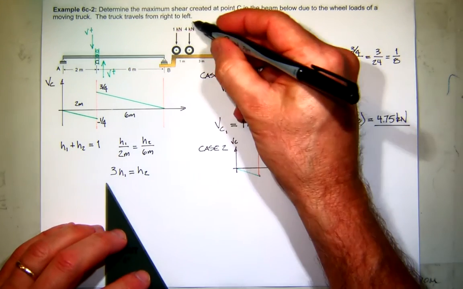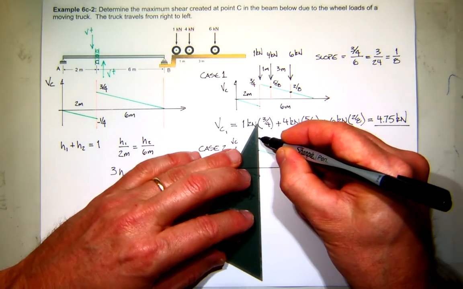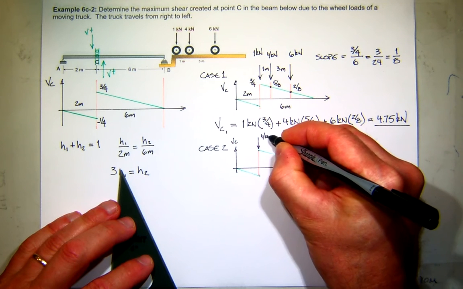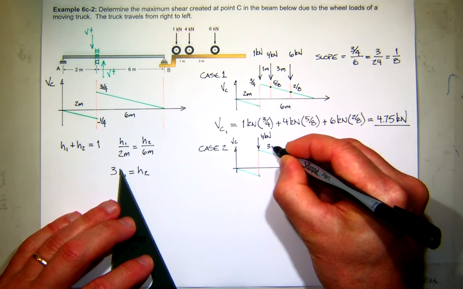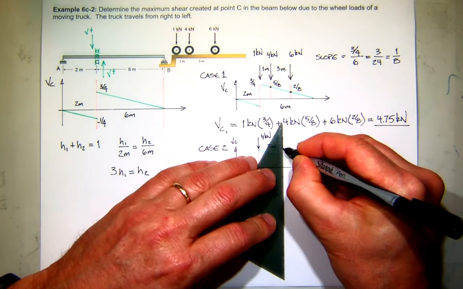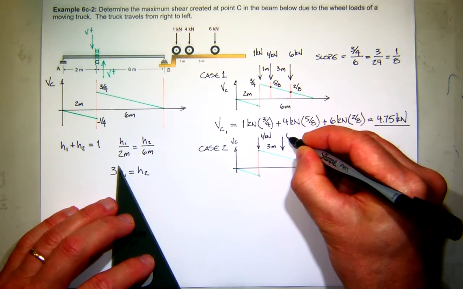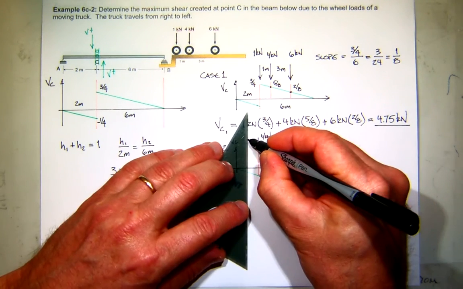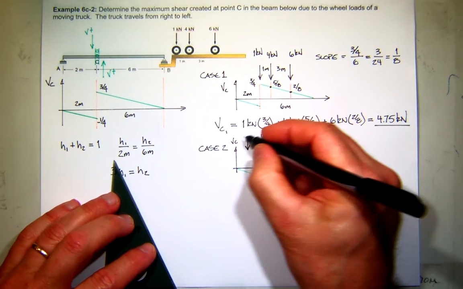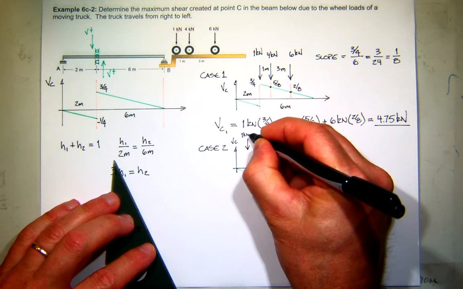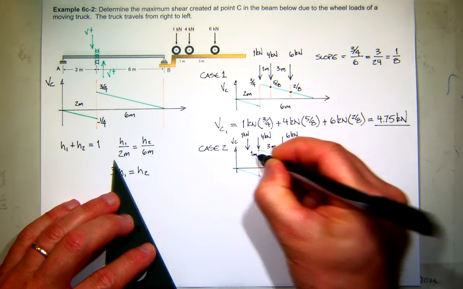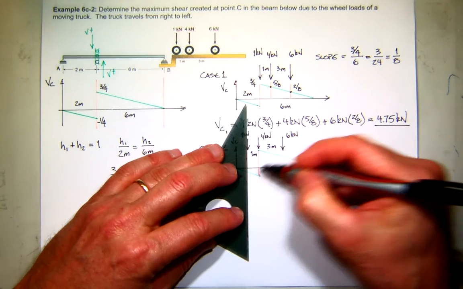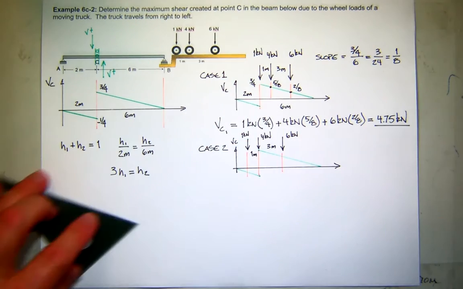Now the second load hits the top of the hill at 4 kilonewtons. And then 3 meters back to the right is the last load at 6 kilonewtons, and 1 meter in front is the 1 kilonewton load. That's 1 meter. And I'll need to know these ordinate values.